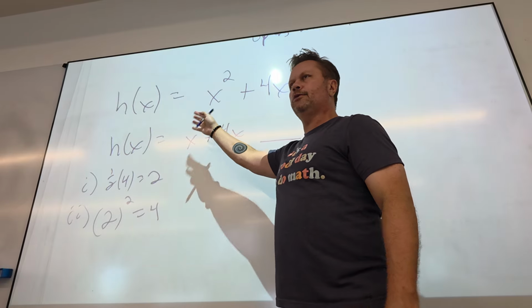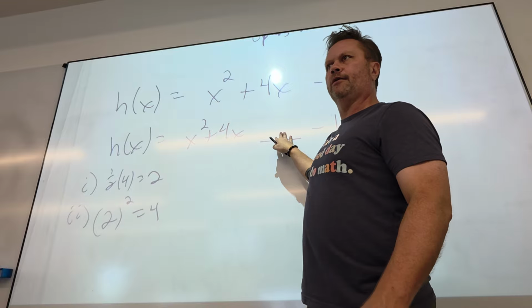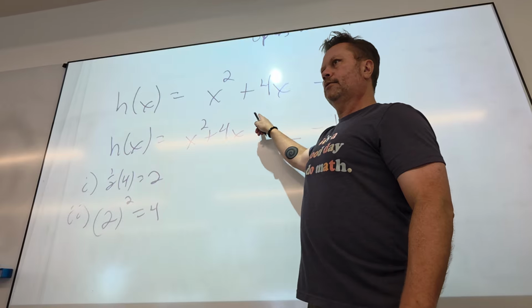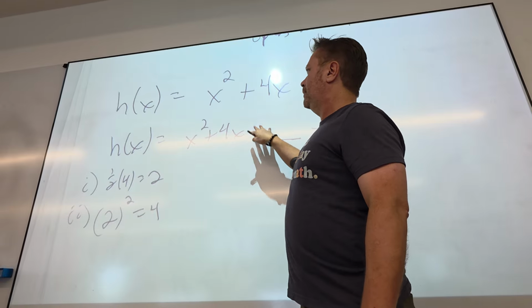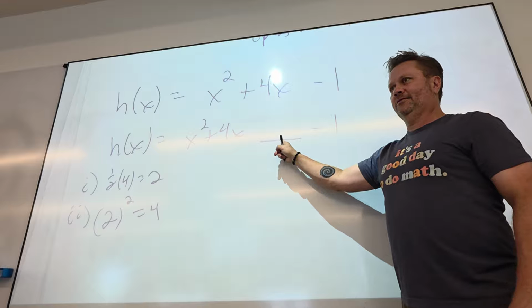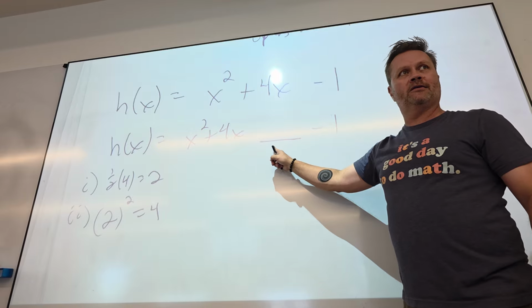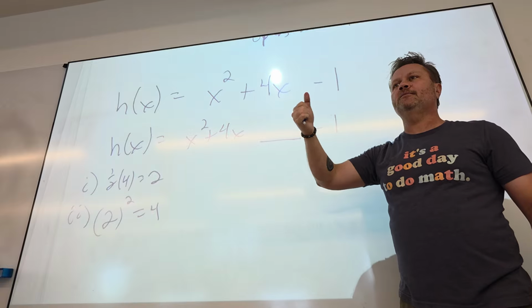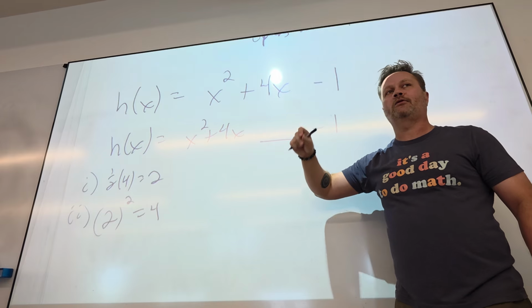There is a way to do it, and I don't care, because you have to know the skill I'm about to tell you anyway. If I add 4 here, did I just make this side bigger than it used to be? If I add 4, is this side bigger than it used to be? Yeah. So what do I have to do at the same time so I don't actually change the problem?